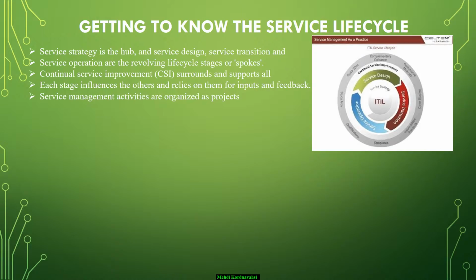While many service management activities are organized as projects, the service life cycle does not consist of one single project, but is an ongoing set of activities. Look at the wheel: service design, service transition, service operation. Again, design, transition, operation. Design, transition, operation. And this is the meaning of continual service improvement.